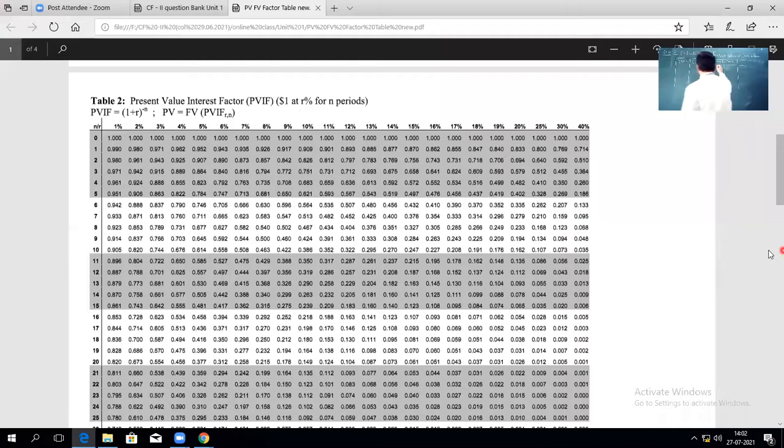We have two, one is 10%, one is 8%. Next is present value of cash flow, at 10% and 8%. So draw this table.